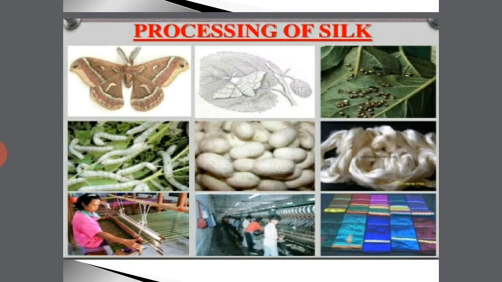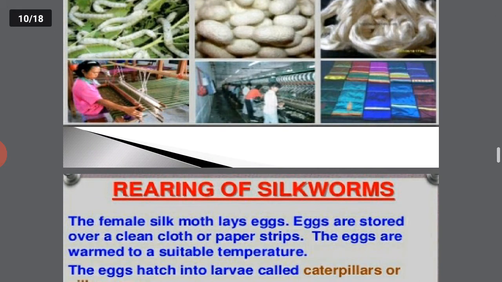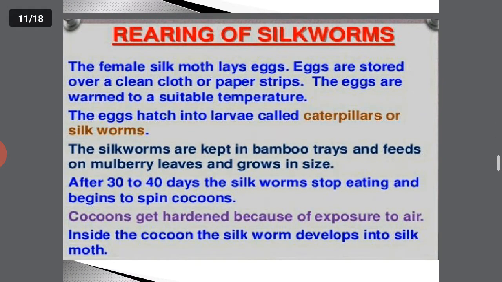When the cocoon is used, the outer covering is used in weaving, and with the help of machines it is converted into silk fabric. Rearing of silkworms. The female silk moth lays eggs. Eggs are stored over a clean cloth or paper strip and warmed to a suitable temperature. The eggs hatch into larvae called caterpillars or silkworms.